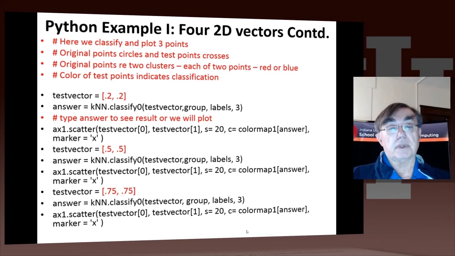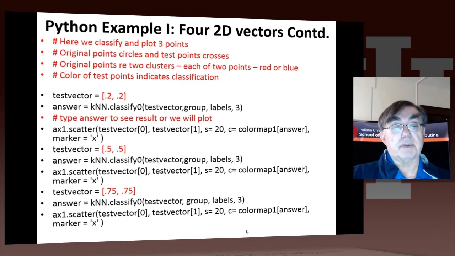The last argument is 3, which is the number of nearest neighbors to look at. Test vector is the vector you're trying to classify. Group is the set of existing points which have already been classified, and labels is the classification of that set of points in group. So those are the 4 arguments. And remember, 3 is the nearest neighbors.